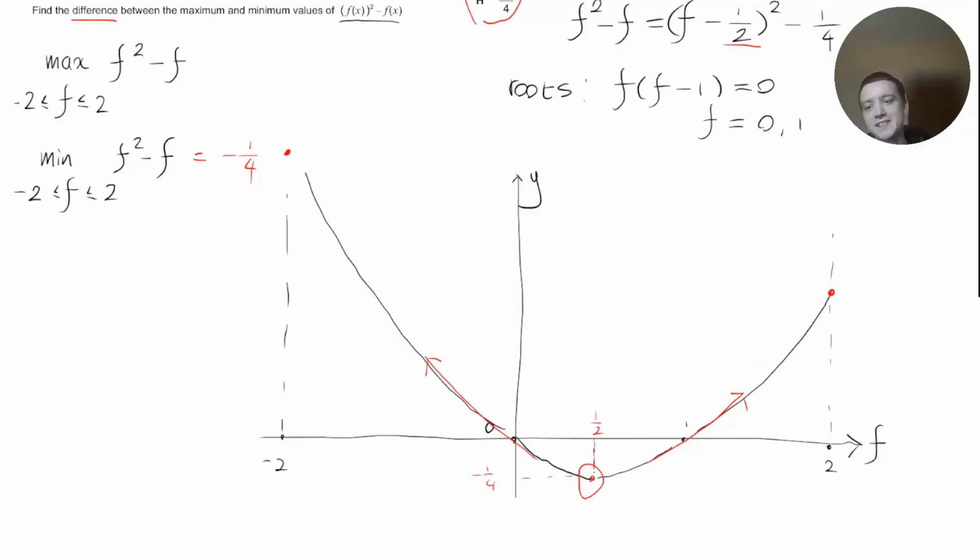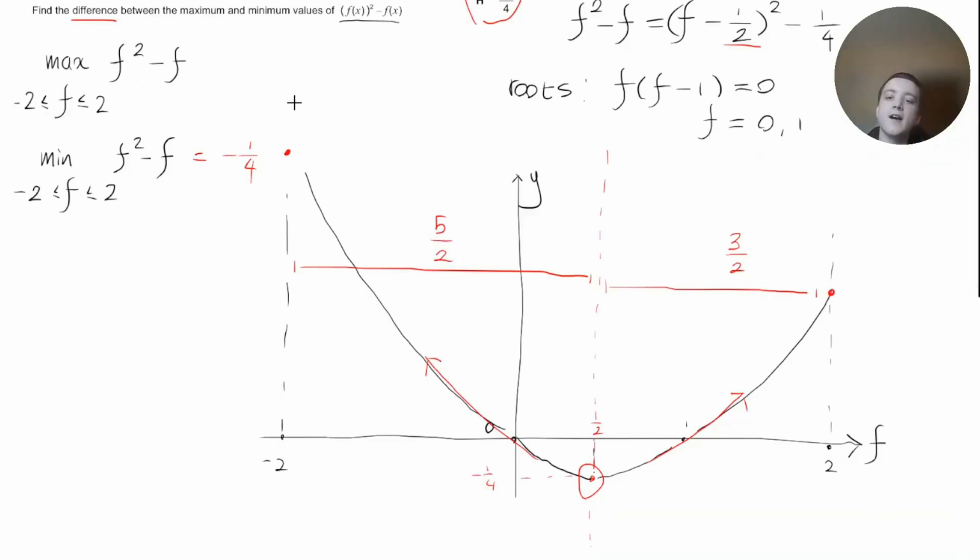How could we justify this? Well, quadratics, like I mentioned, are symmetric around their turning points. And over here, you can see we've moved 3 halves to the right, but we've traveled a greater distance to the left to get to the boundary of about 5/2. And so that's going to yield a larger increase.